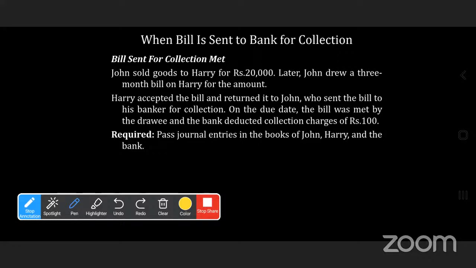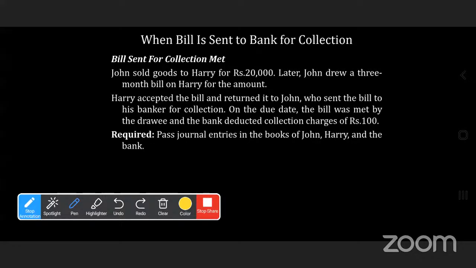Bills receivable account debit to Harry account. Okay, very good. Being acceptance received for 3 months. Those two you can write.